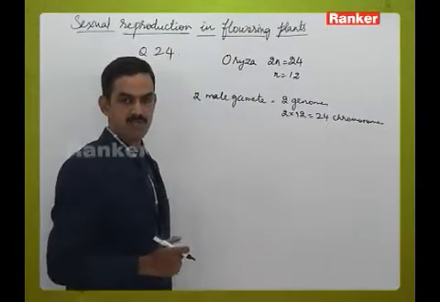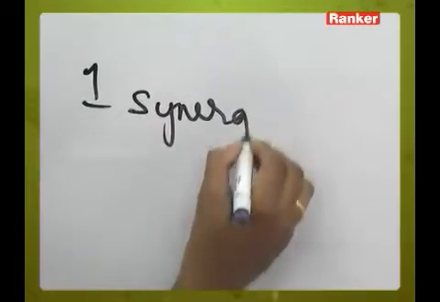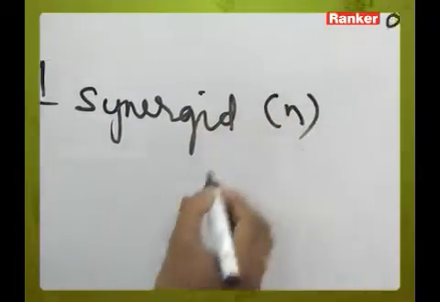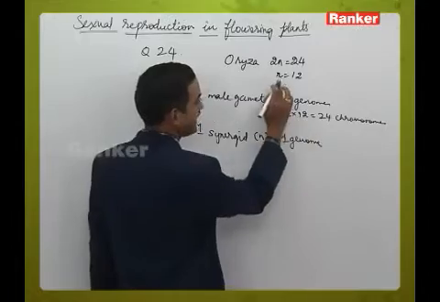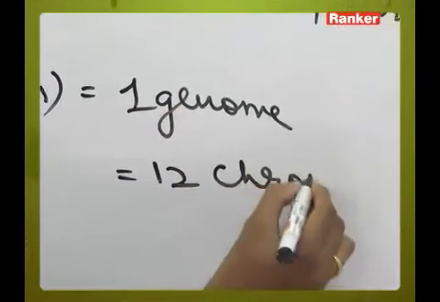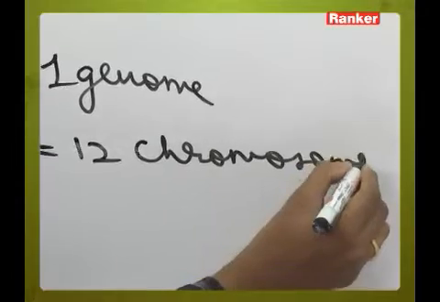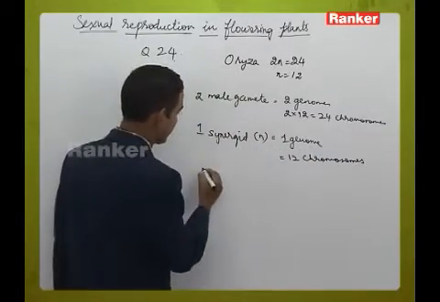2 male gametes. Then the second one is 1 synergid. This synergid is haploid in condition, so it contains 1 genome. Each genome contains 12 chromosomes, so the number of chromosomes here is 12. Third one is 1 secondary nucleus.